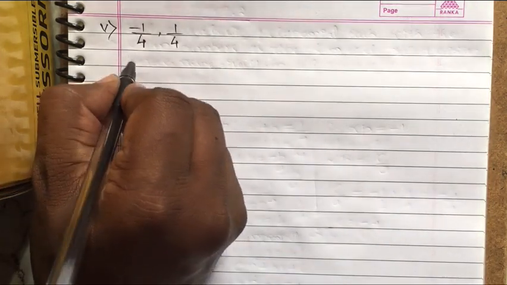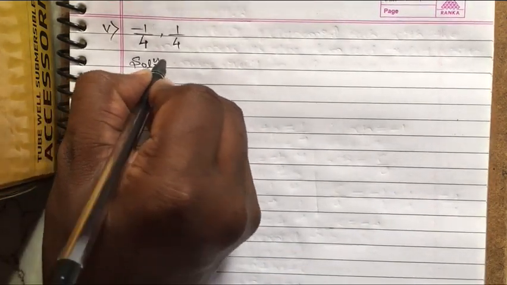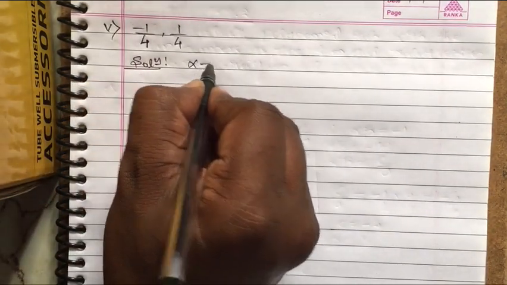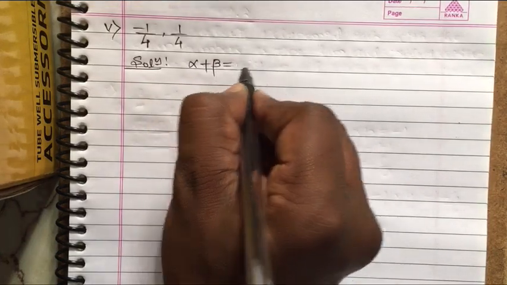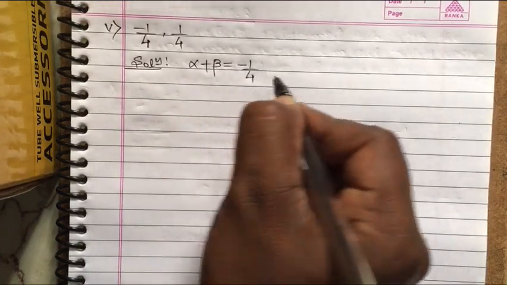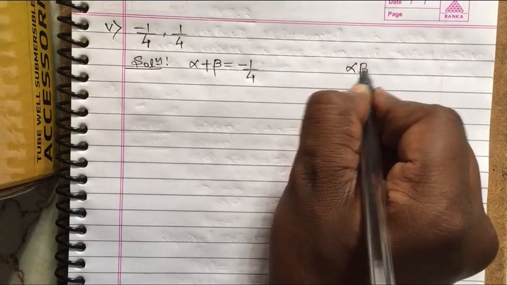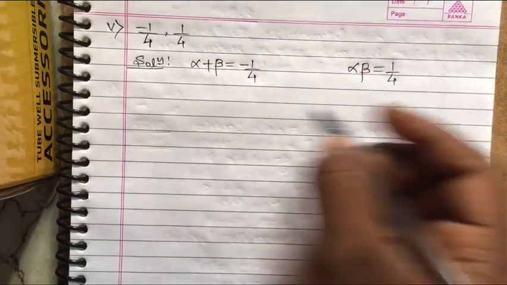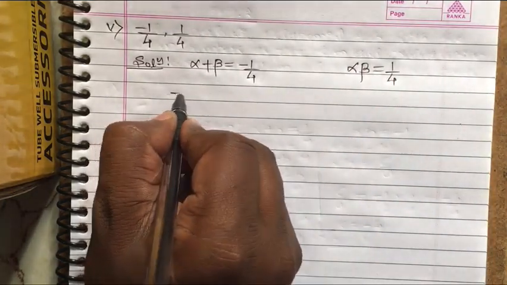Well, the fifth sub question it is minus 1 by 4 comma 1 by 4. So write the given data: alpha plus beta is equal to minus 1 by 4, and here alpha beta is equal to plus 1 by 4. What is alpha plus beta now?